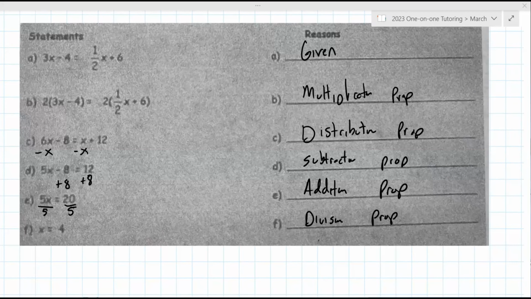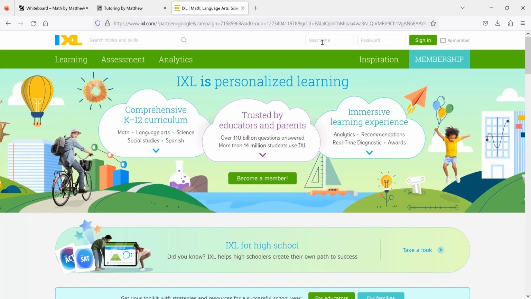Pretty much. Okay. Can I go right to IXL for you and log in? Yeah. Okay. Let me share that and see. Just to be clear, this is what you're referring to right here. Yes. Okay. Let me go find your login stuff.